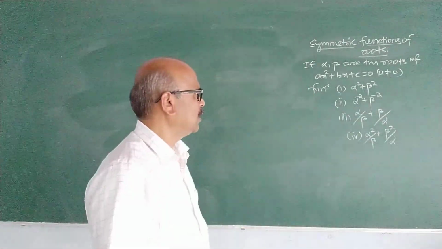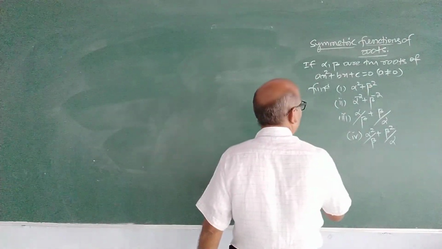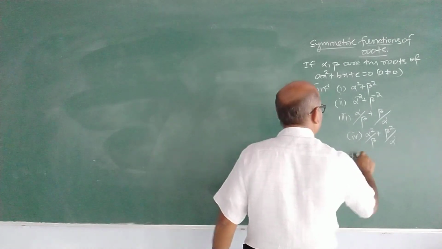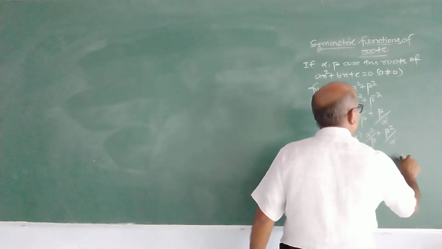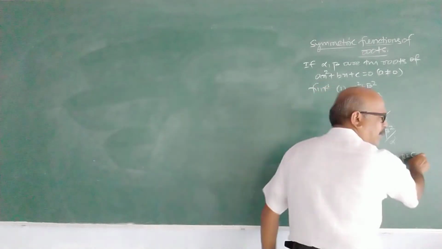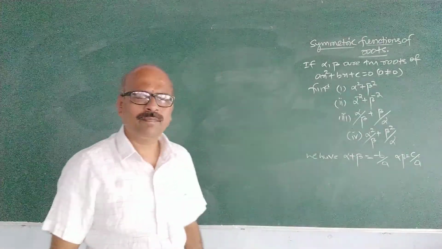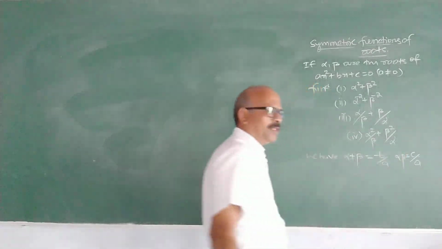We know only two values here. Alpha plus beta is minus b by a, alpha into beta is c by a. This is using the relation between roots and coefficients.